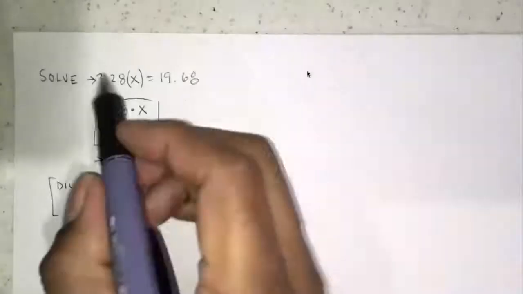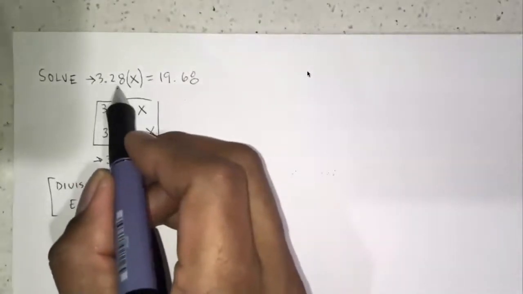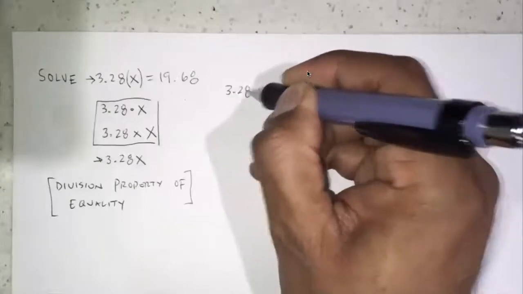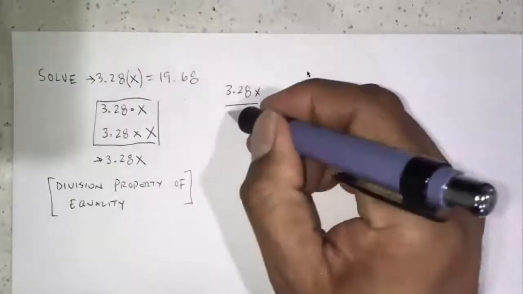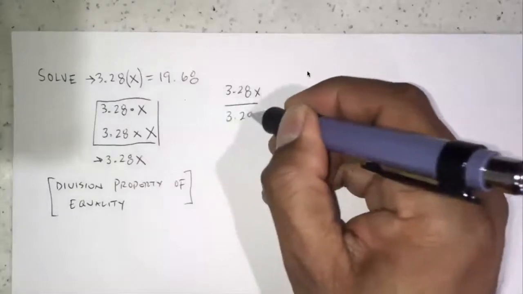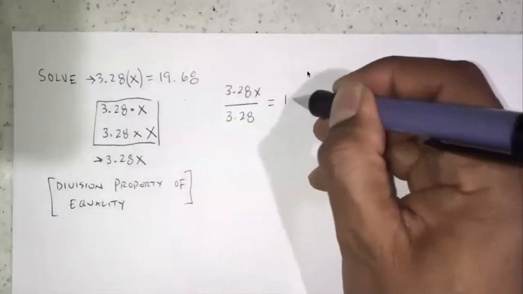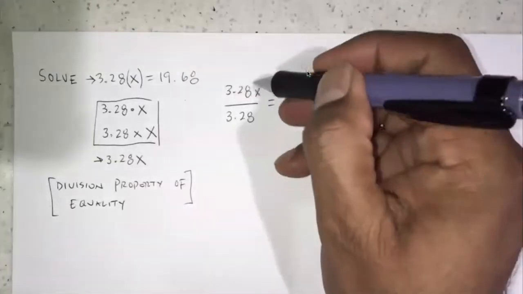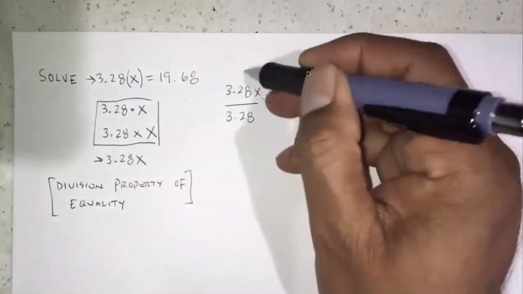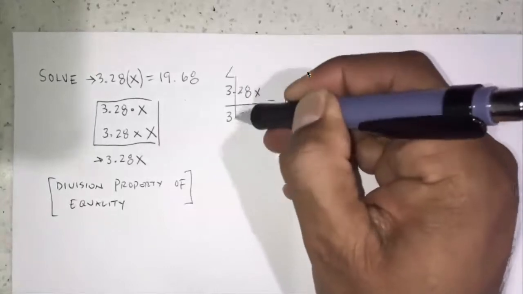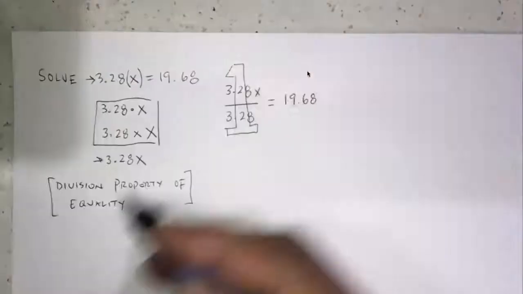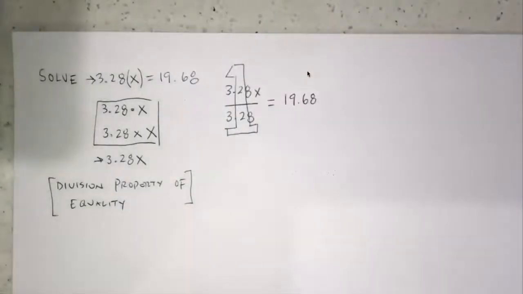In this particular case, it's going to be 3 and 28 hundredths because we want that coefficient to become 1. We want the expression over here on the left-hand side to equal 1. And we do that by applying the division property of equality.